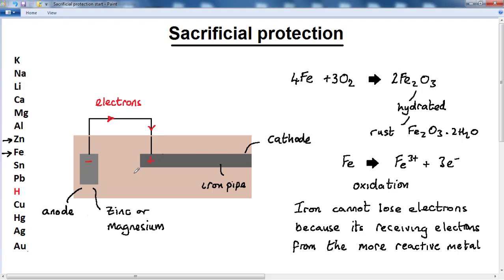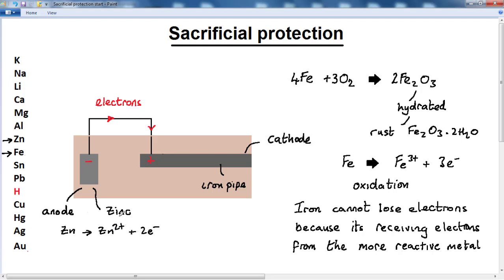So instead of the iron being oxidized, the zinc is oxidized instead. The zinc loses its electrons and forms a zinc ion, and that dissolves in the electrolyte. At the anode we have this half reaction taking place: zinc is oxidized to Zn2+ plus 2e minus.